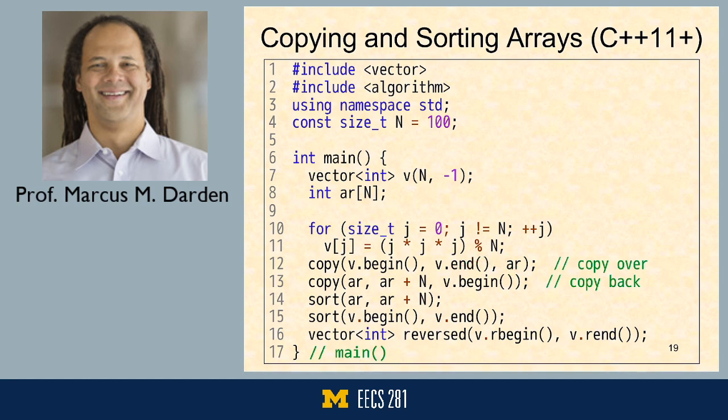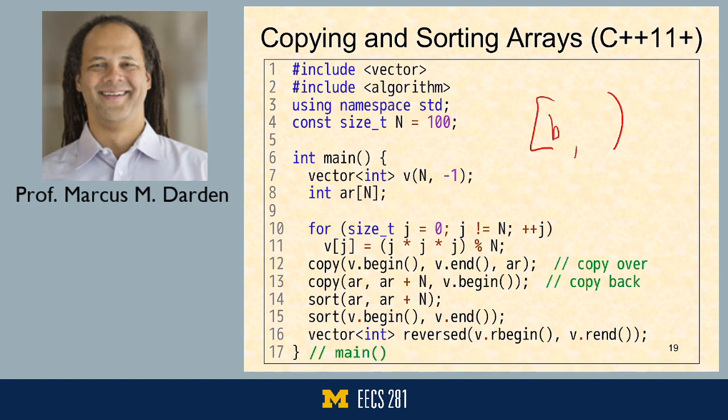In this case, we're going to be using things that look like iterators. v.begin is an iterator to the beginning of the vector. v.end is an iterator to the end of the vector. And that end is not pointing at good data. Remember, the STL uses the half-open interval where begin is pointing at the first item and end is pointing at the item that we don't include, right?